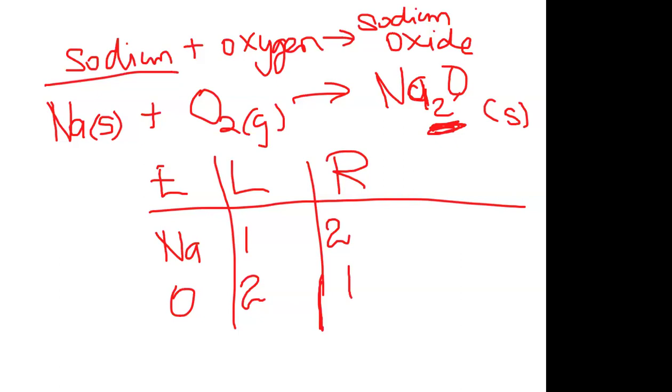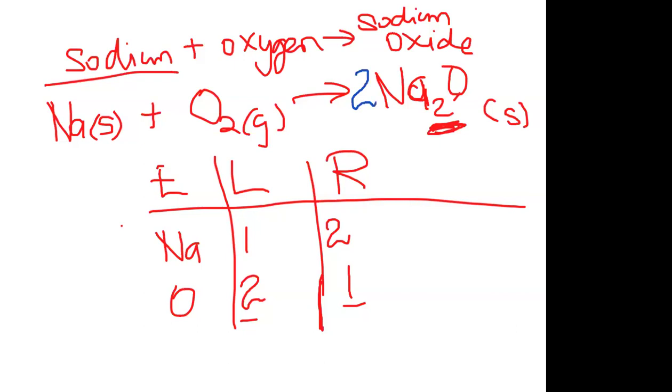Let's go. First thing we're going to balance in this equation is oxygen. So we're going to begin by balancing oxygen. Here I have 1 oxygen, over here I have 2. What number multiplied by 1 gives me 2? 2. So I put 2 in front of the compound.